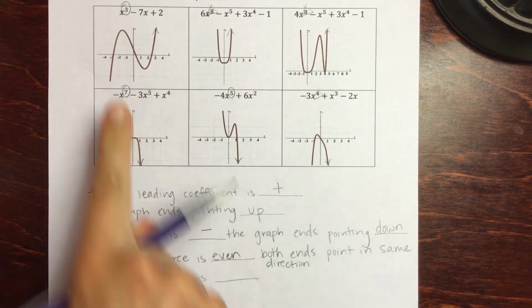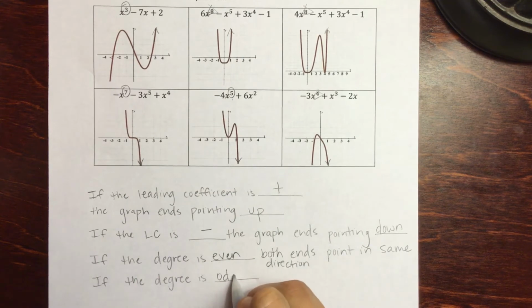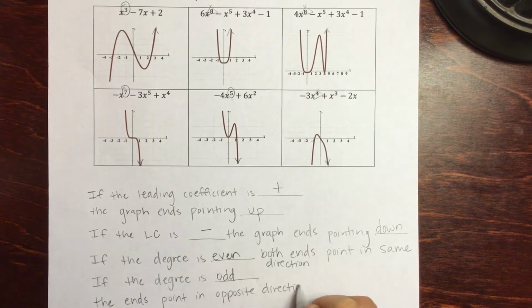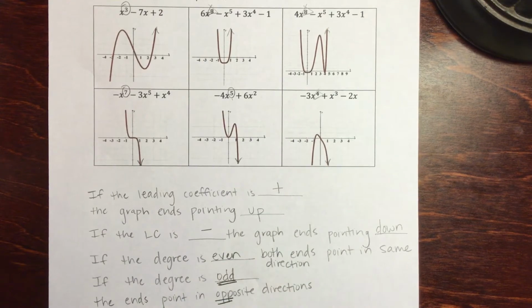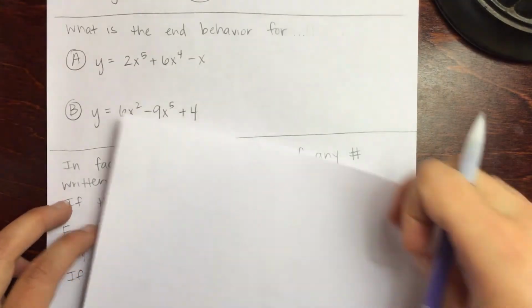If your degree is odd, as in these three examples here, then the ends of your graph point in opposite directions. I remember this because odd, op, they're kind of similar looking words. Okay, let's actually figure out the end behavior now for a couple examples.